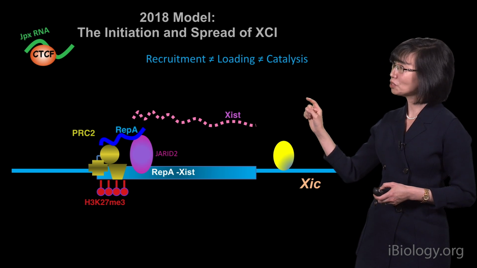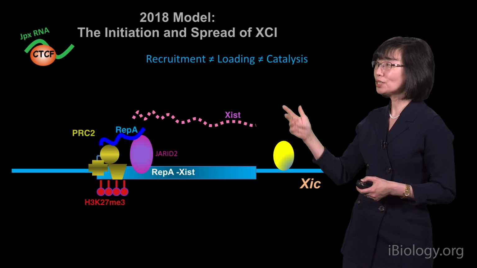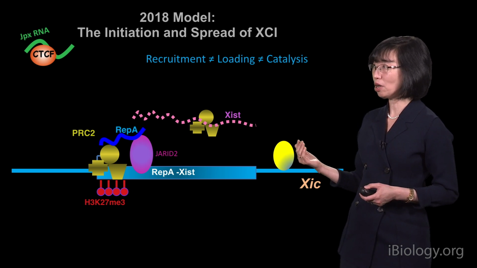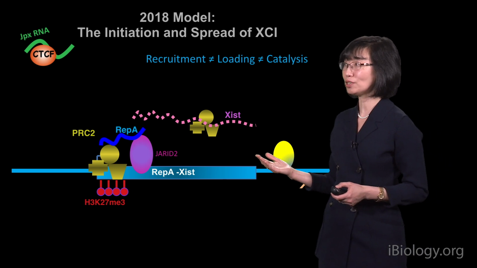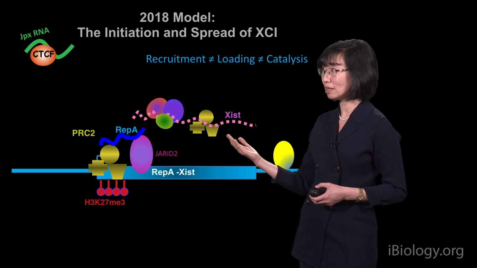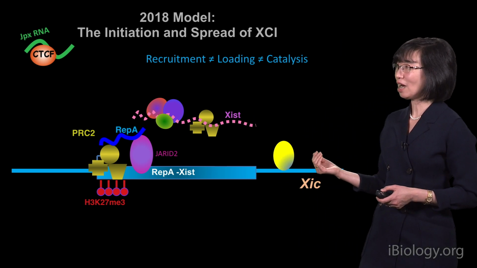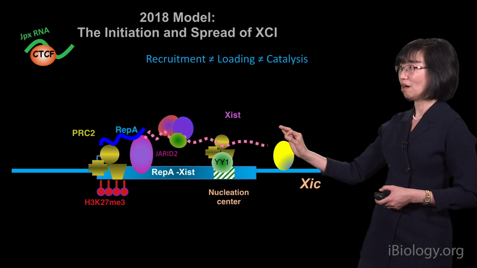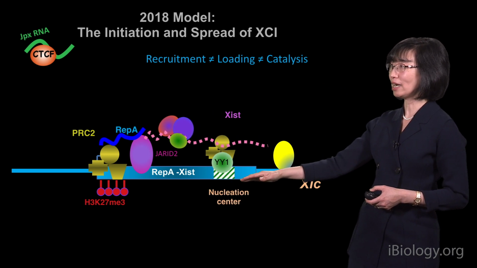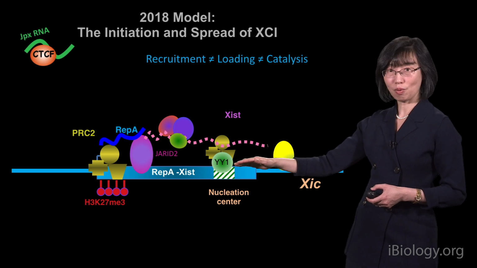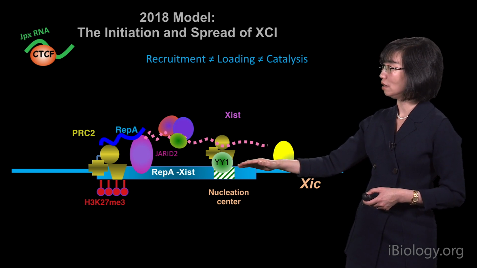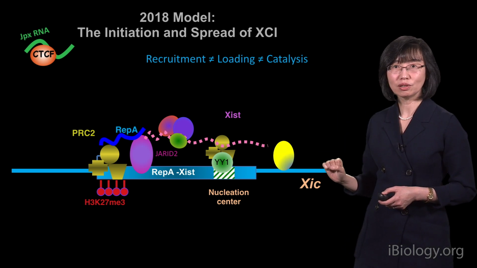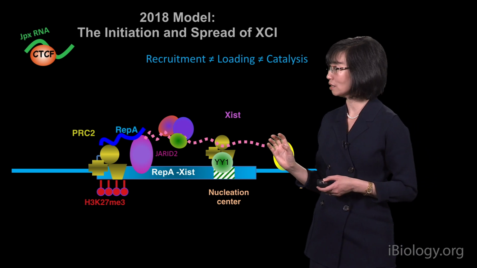So Xist, of course, also has a binding site for PRC2, and we now know from RNA proteomic analysis that Xist probably binds to about 100 other proteins. Now, this RNA protein complex has to first attach or load onto a single nucleation site through YY1, the transcription factor YY1. Now, without attaching to YY1, this RNA protein complex will diffuse through the rest of the nucleus.